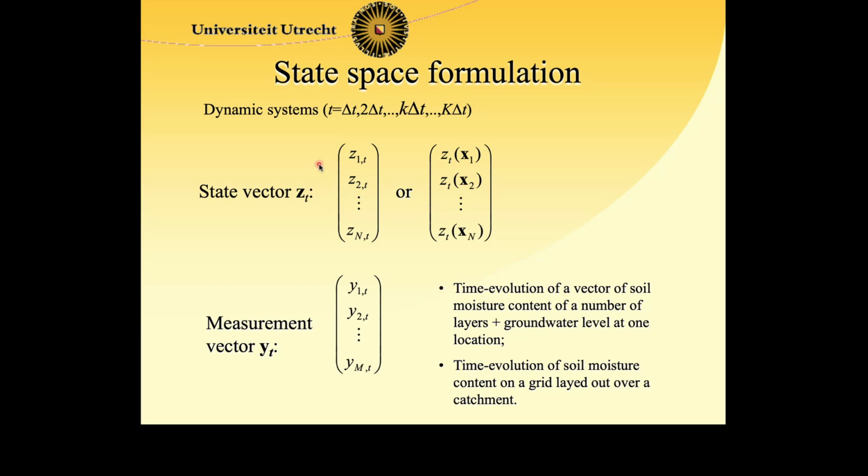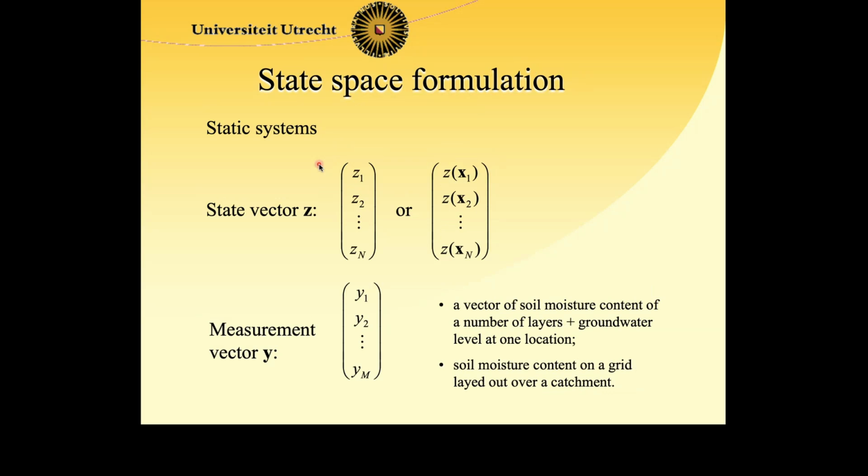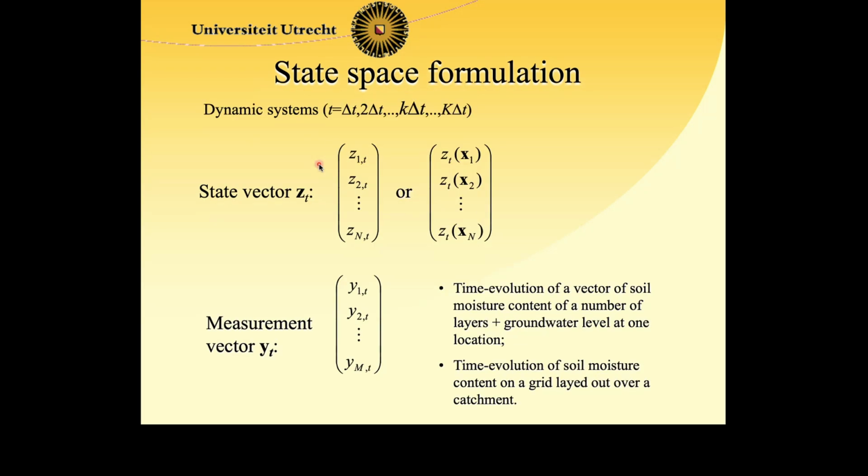So the Kalman filter is mostly about this so-called dynamic state space formulation, but we will see that the principles of the Kalman filter can also be translated to a static system, which I'll show you in the next lecture.